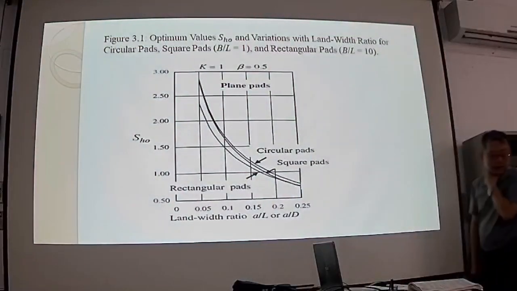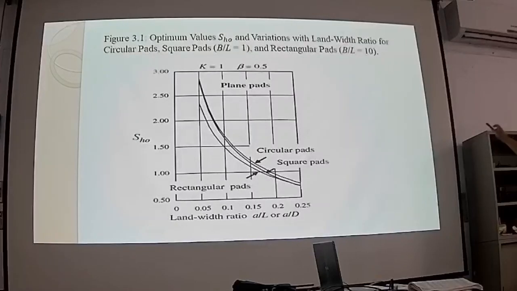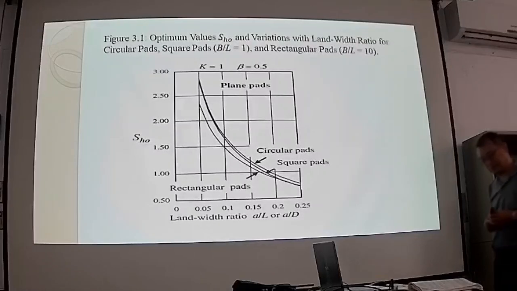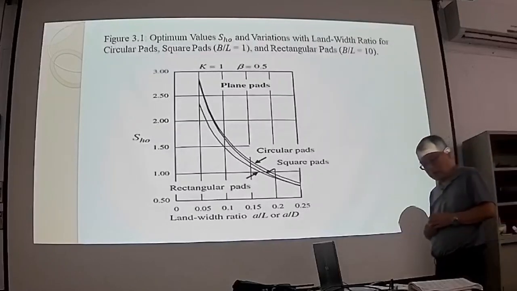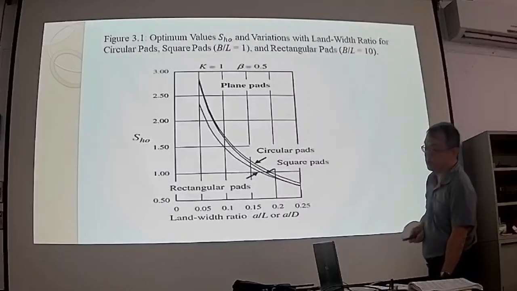So in this case, for the square bearing pattern, the length and width ratio equal to 1. For the rectangular one, the bearing width divided by the length equal to 10. And for the design, it's not so difficult.